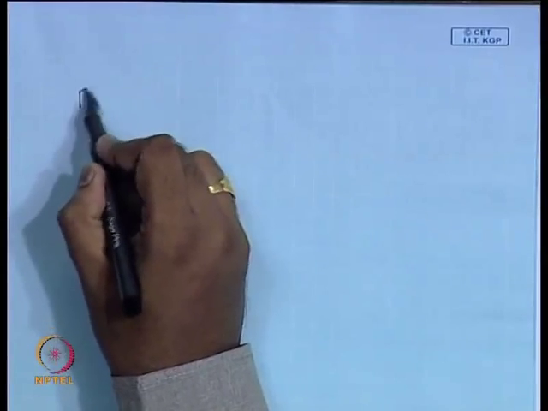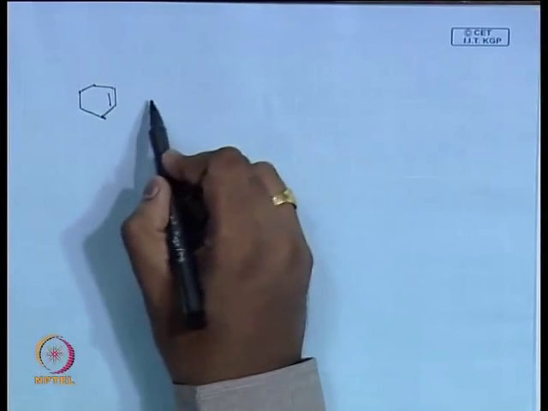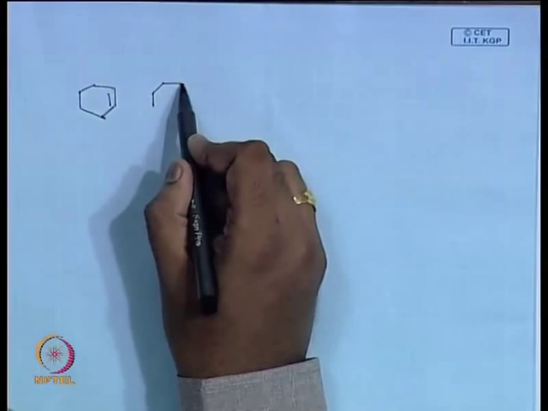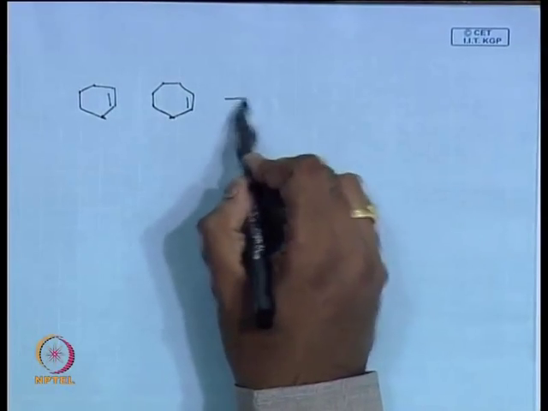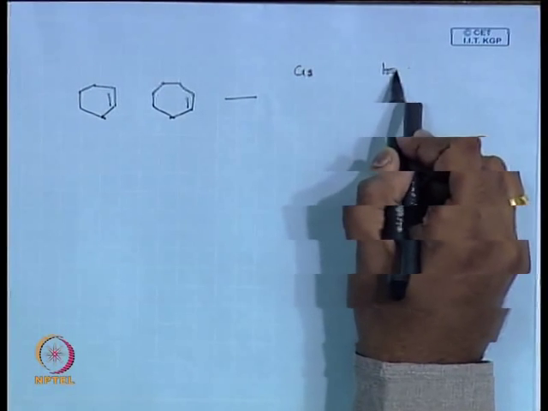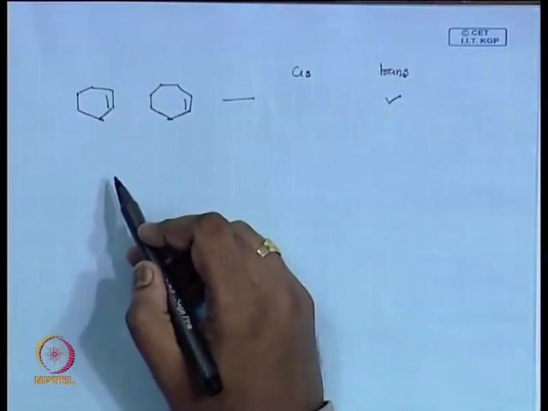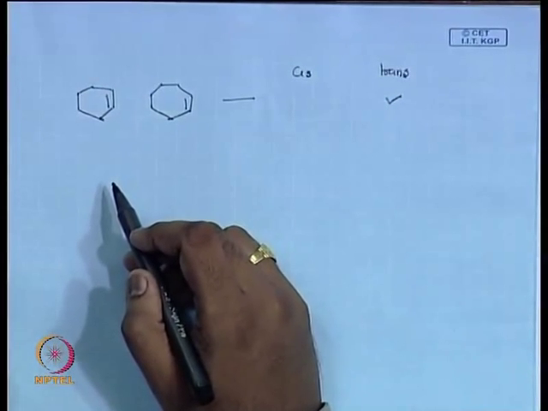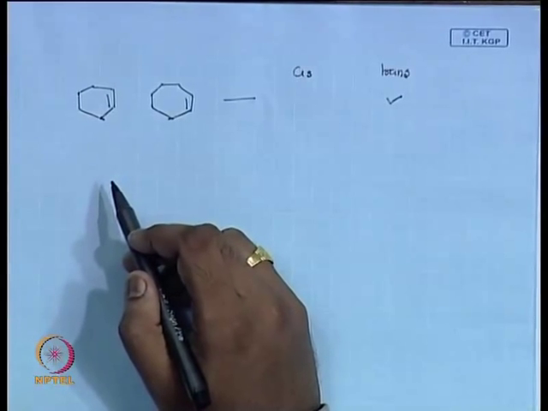Then we can get to cyclohexene, that is 6 membered, as well as 7 membered.